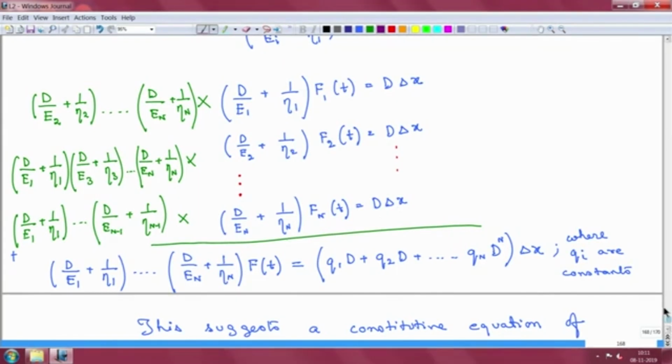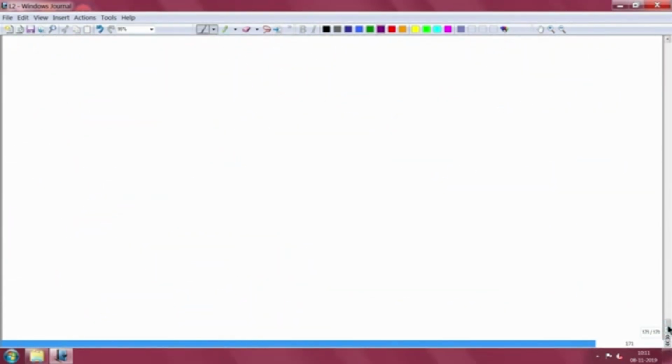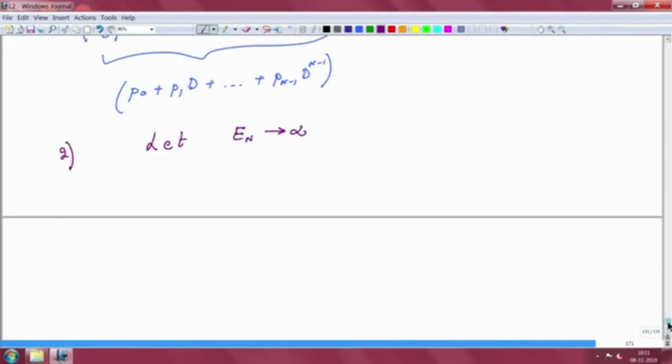So, basically if you add up all this, then you will again have 1 power less on the left hand side. So, I will add a new page.